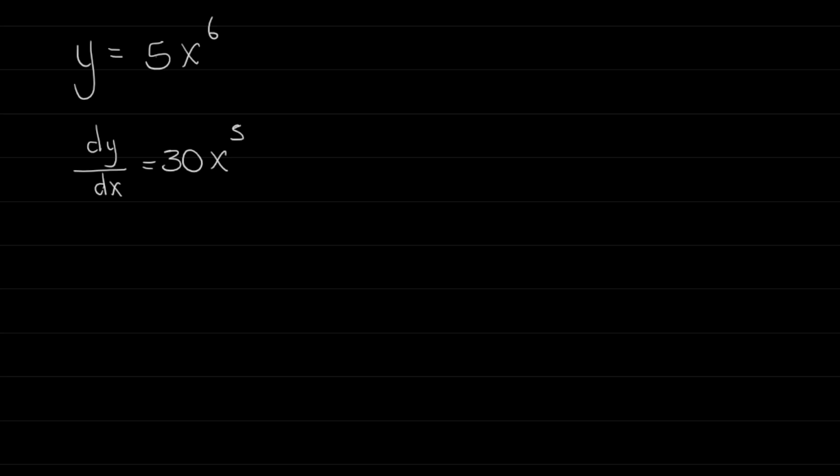If you have an equation, I repeat, an equation where y is the subject of the formula, when you differentiate, you say dy over dx. That is what will give you a gradient at a point.